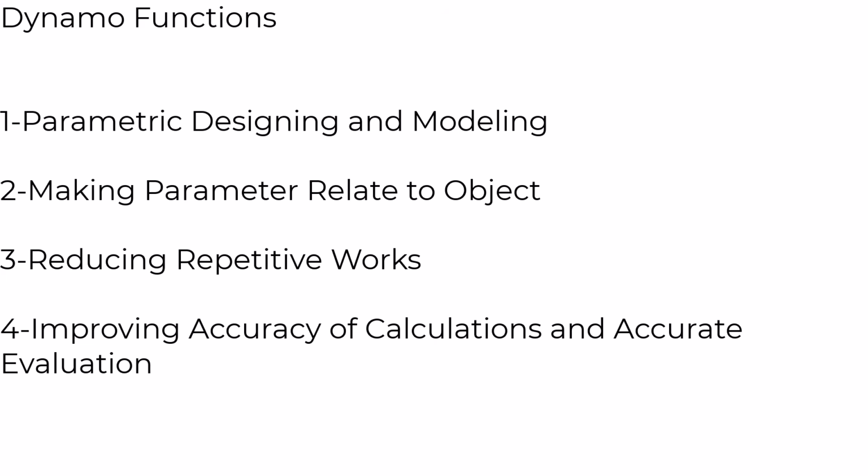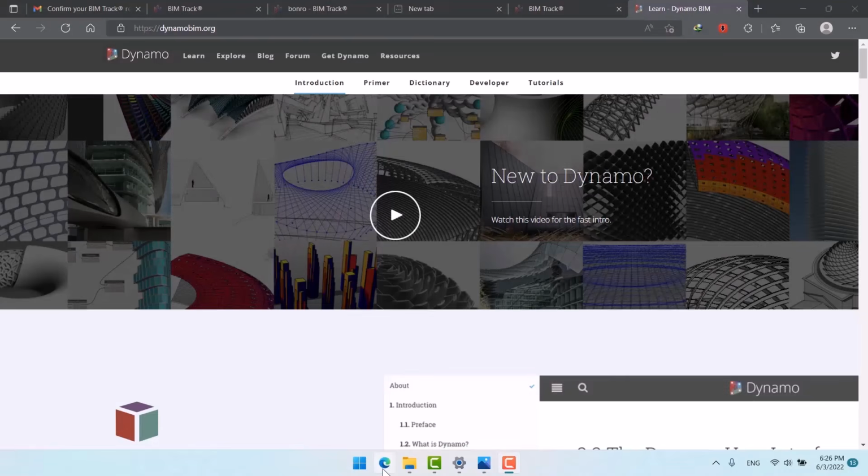The fourth item is improving the accuracy of calculations and evaluation. You're able to do energy calculations or any other calculations completely accurately and fast through the codes that you are writing or the plugins which are in Dynamo.